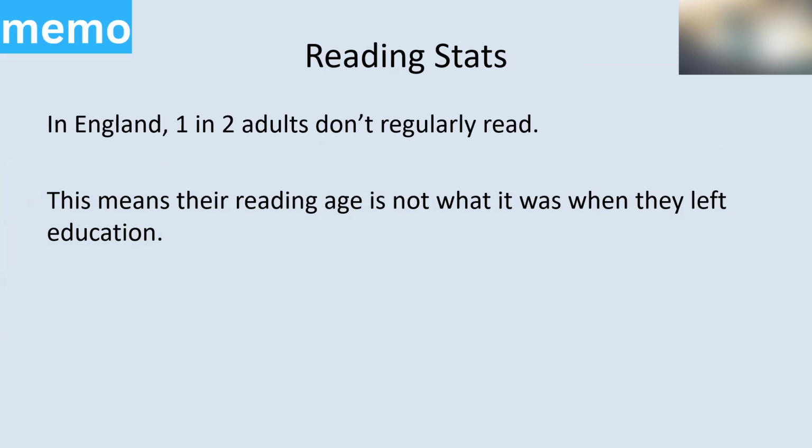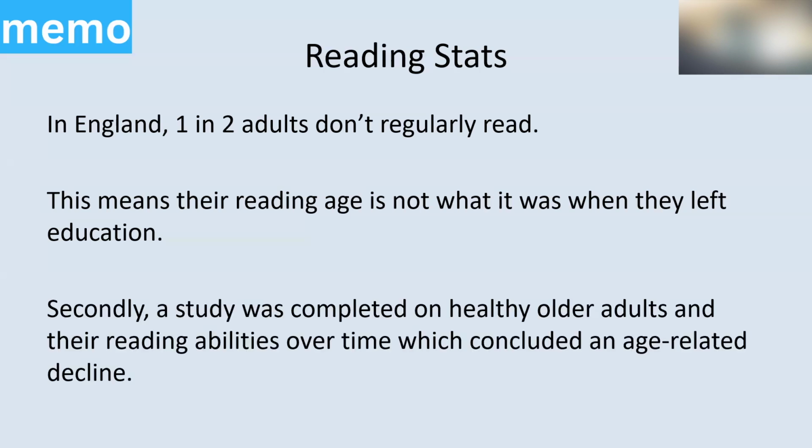In terms of reading age as well, just to add to this problem, at the other end of the scale, there was a study completed, and I've got all the references for all the data that I'm pulling from that I can give you at the end as well. There was a study completed on healthy older adults and their reading abilities over time, which concluded an age-related decline, that as people got older, even with no health conditions whatsoever, their reading ability from 58 onwards declined.